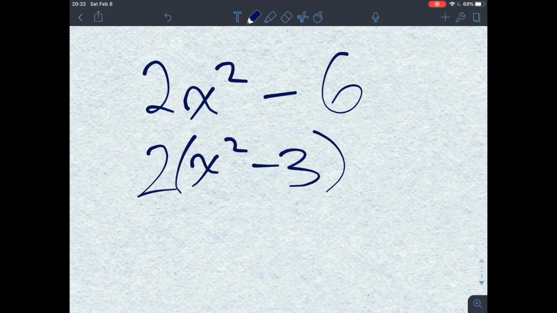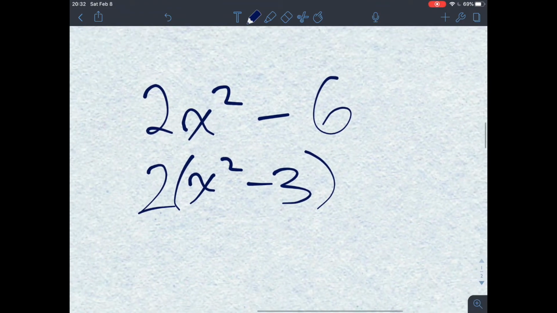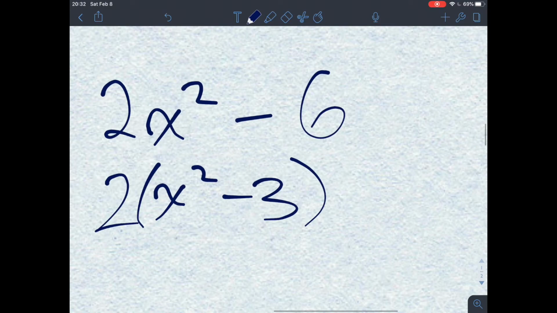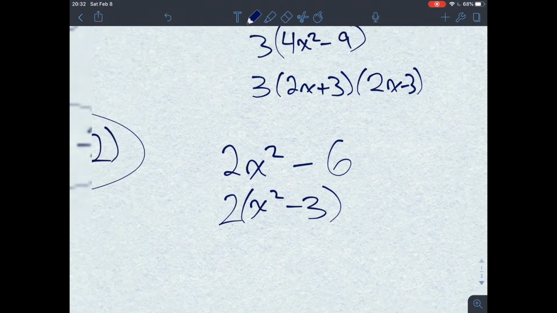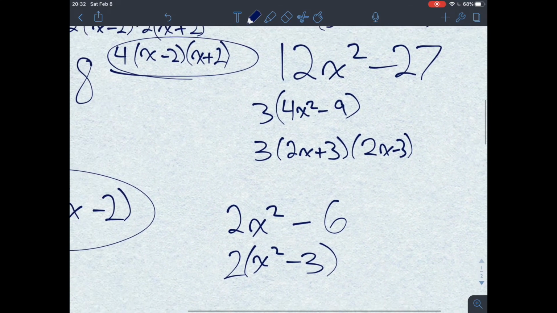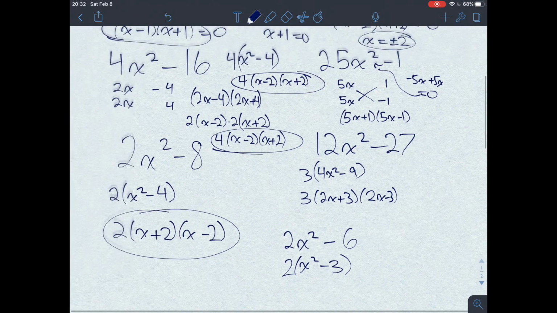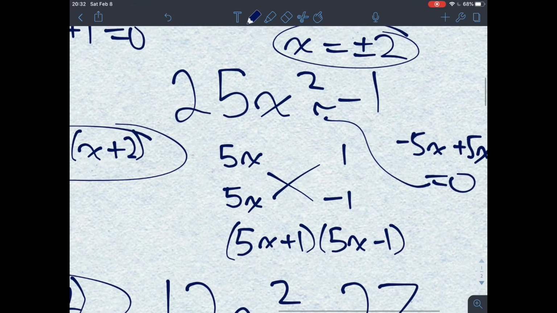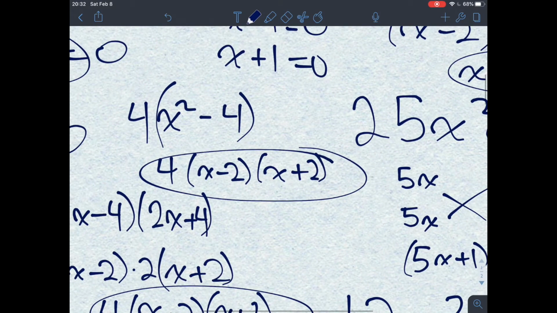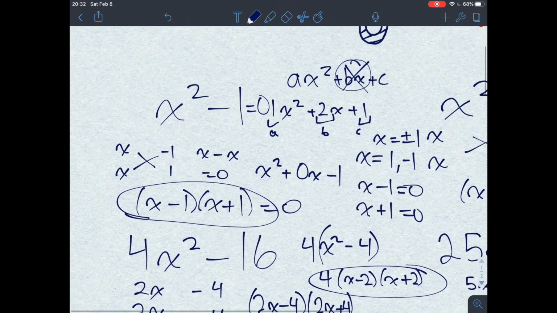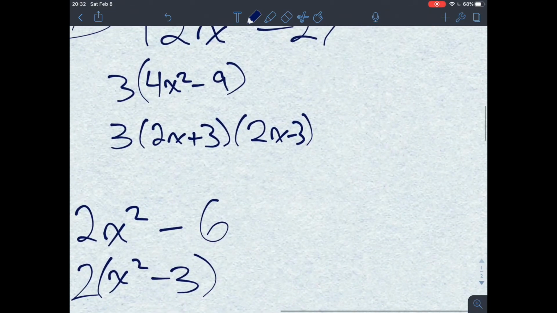So what we're going to do here is basically take the square root of both of these numbers. So you might think, well, that's out of the blue. How are you getting to that? Well, we're basically doing the same thing for all of these, right? We're doing the square root of 25x squared. We're doing the square root of x squared. So we just need to do the same thing here.